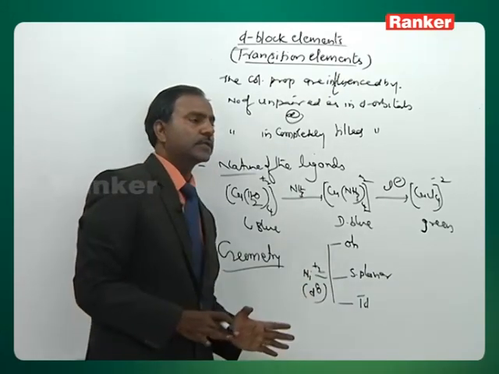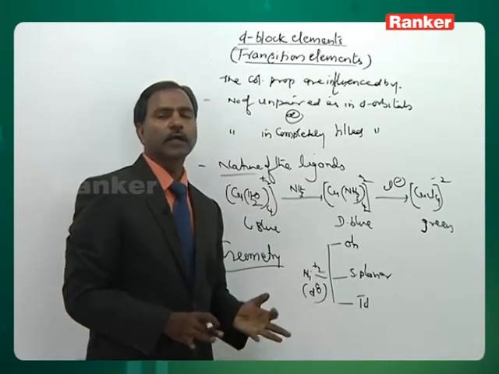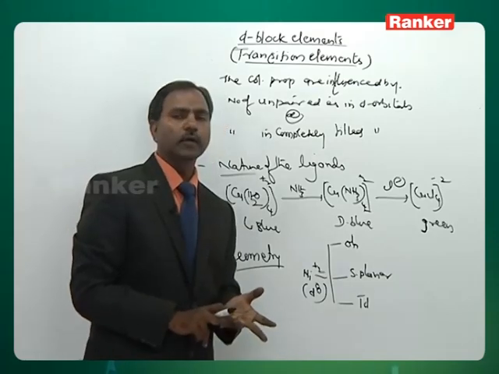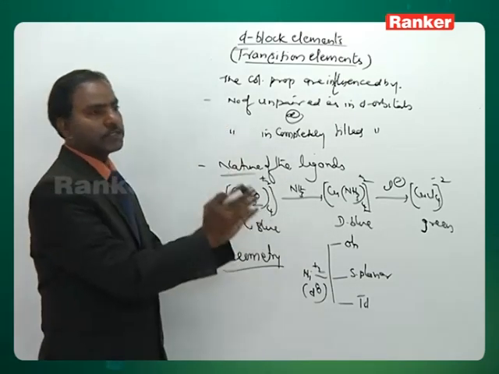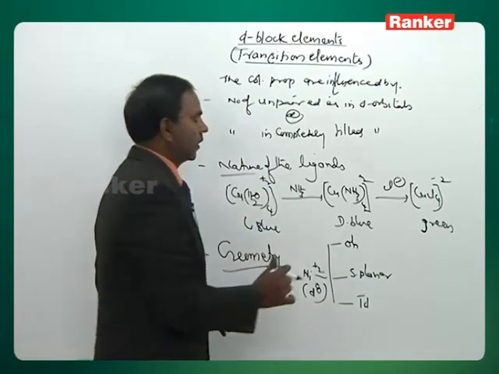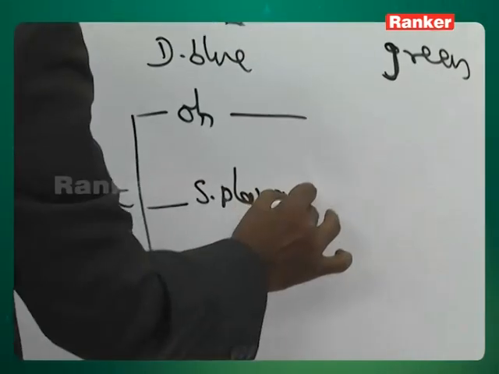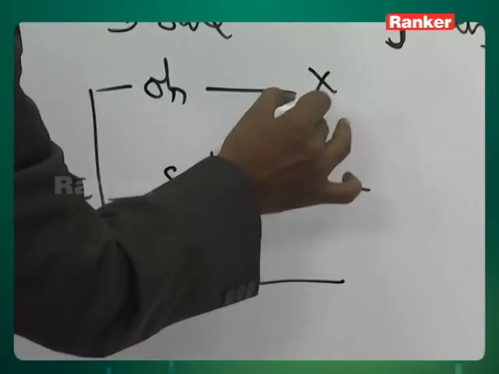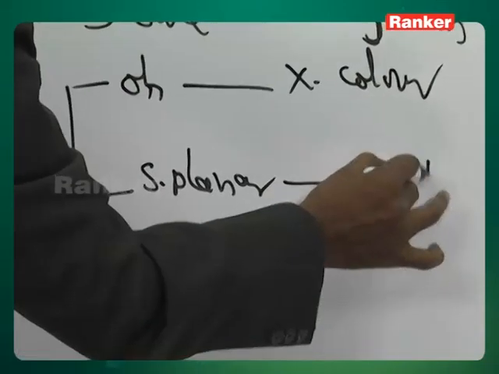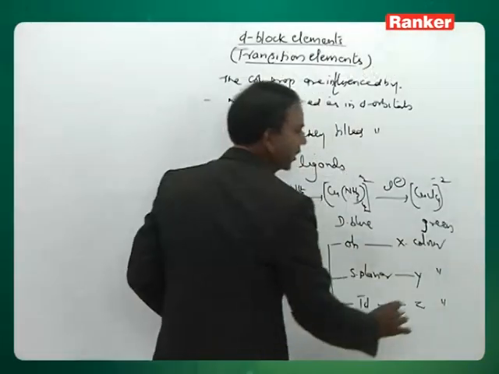In all these complexes, what is the metal ion present? Nickel plus 2. What is the configuration? d8 only. In all these, the metal ion is the same and the configuration is the same. But once their geometry is different, these 3 definitely exhibit 3 different colors. Consider the first one, let me say X color, second one Y color, third one Z color.